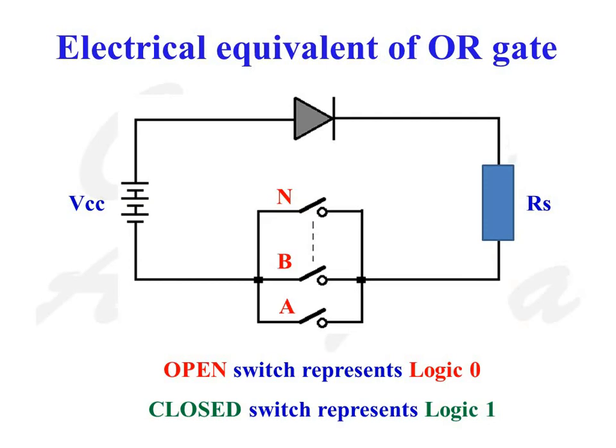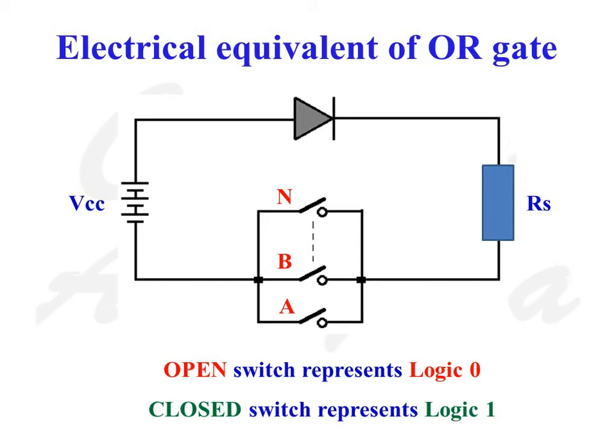This is the electrical equivalent circuit of an OR gate with n number of inputs. Here an open switch represents logic 0 and a closed switch represents logic 1. In this circuit, all switches are open, so current flow through the circuit is equal to 0.